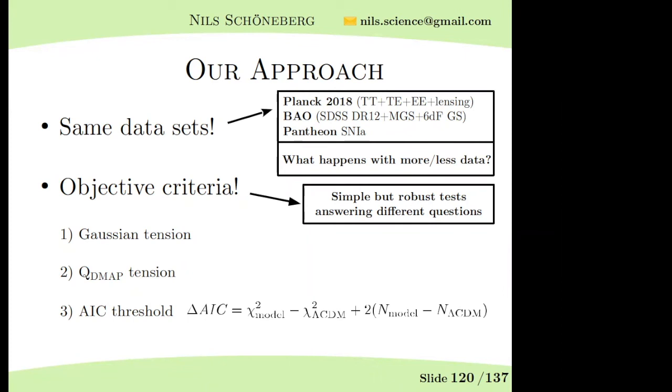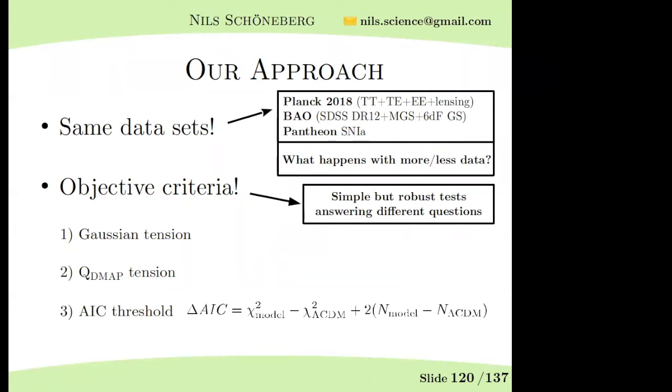If the model is a very, very good fit to Planck, then this will be much smaller than this. And your AIC will be very negative, like -5 or so. Then you would say, oh, that's a good model. However, you also get some penalty here, some additional positive term from the number of parameters.